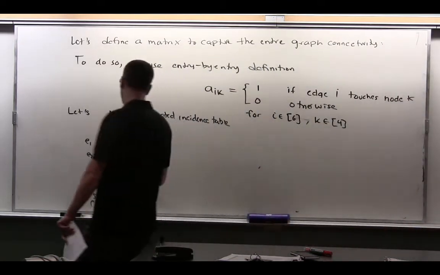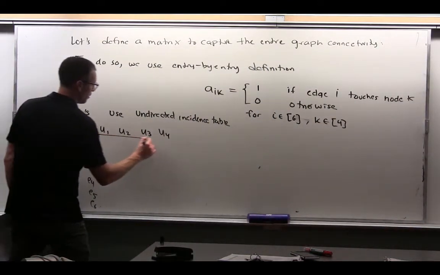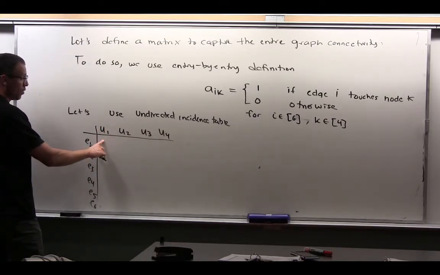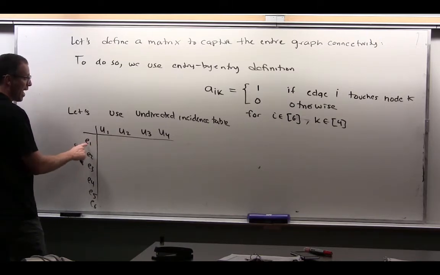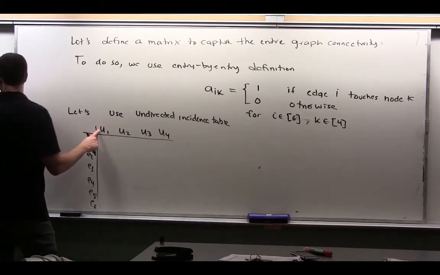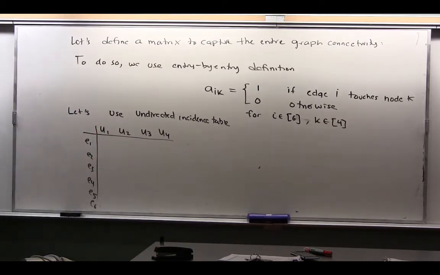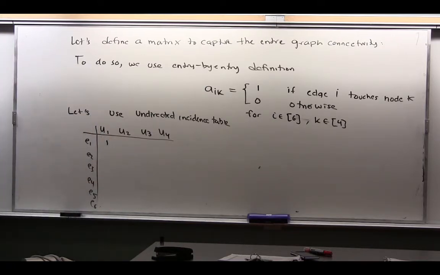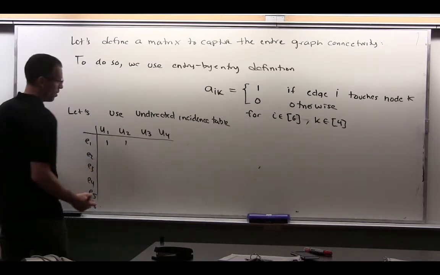So let's take a look at this. What's the whole idea if I wanted to get 1, 1? 1, 1 would be the entry in the first row and the first column would be 1 if edge 1 touches node 1. Does edge 1 touch node 1? What other node does edge 1 touch? 2. So right there should be a 1.